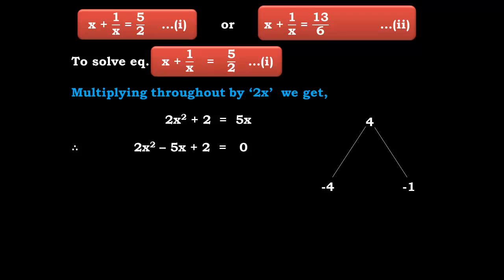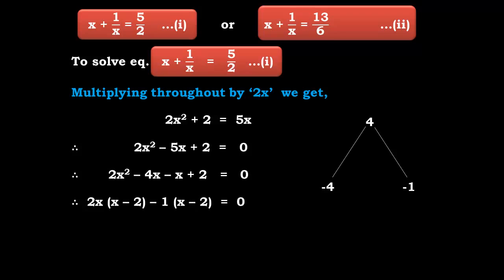So we can split the middle term as 2x square minus 4x minus x plus 2 is equal to 0. From the first two terms we can take 2x common, in bracket x minus 2, and from the second two terms minus 1 common, in bracket x minus 2, is equal to 0.